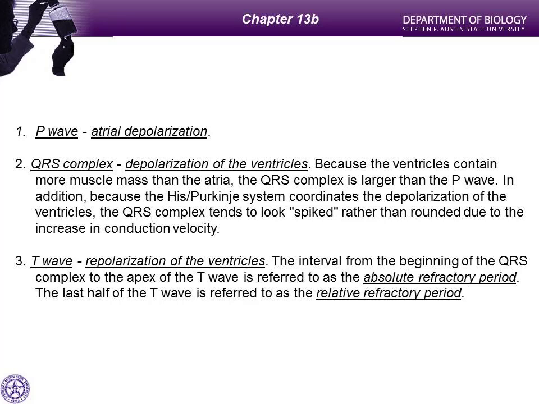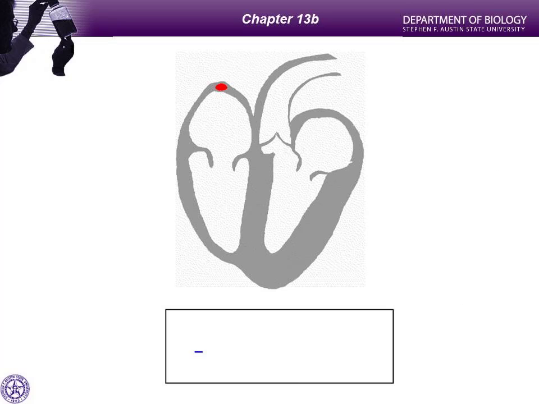Now, this is a neat little animation. And I hope it works on the video. But here it correlates the electrical activity with your EKG and the waveforms. So when we start, there's our sinoatrial node, depolarization of the atria.